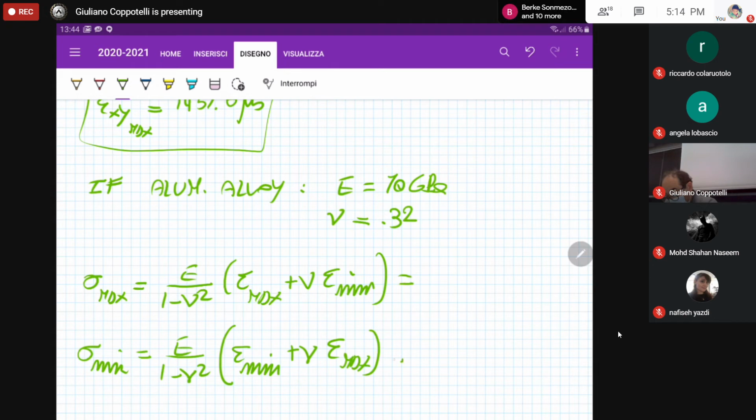Okay, just plug in the numbers. You get that σ_max is equal to 82.3 MPa, and the minimum value is 4.97 MPa.